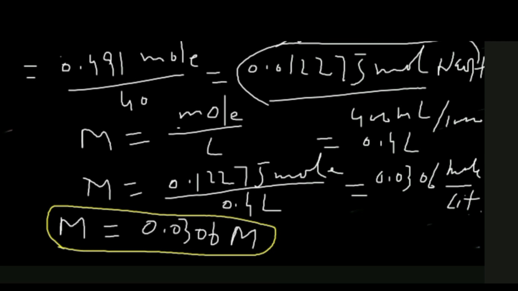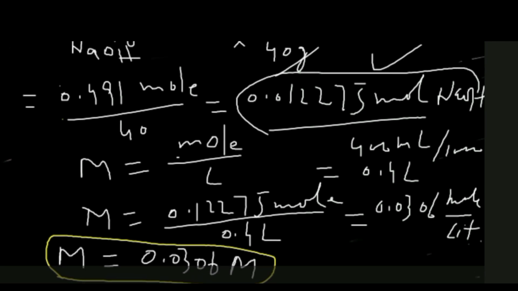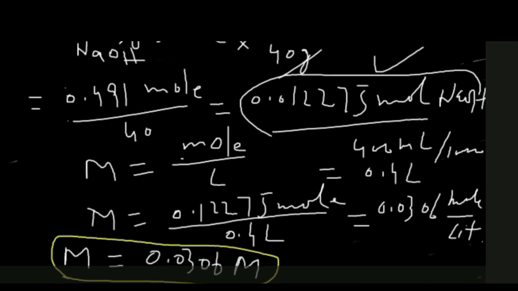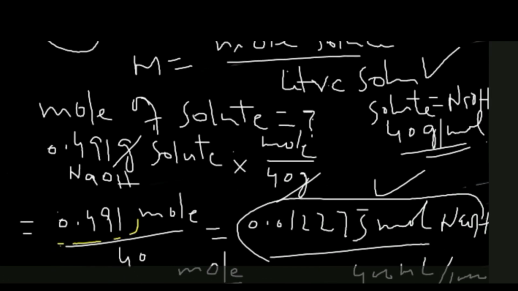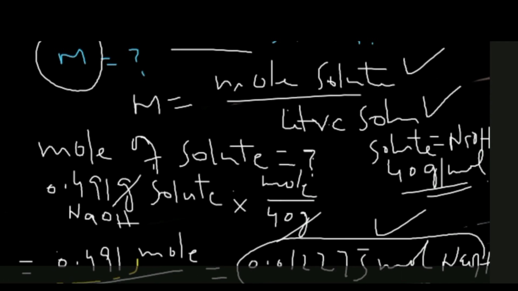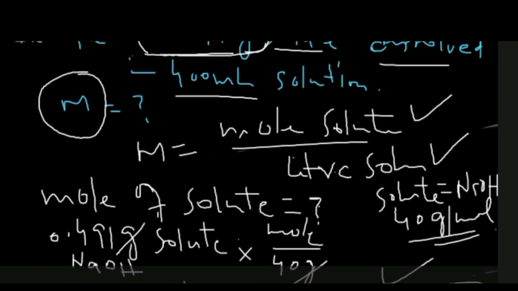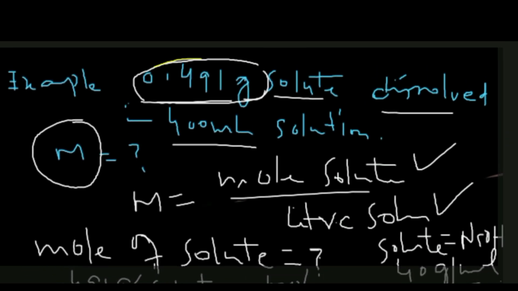Here we have dissolved 0.491 gram of solute, which is NaOH, sodium hydroxide, in 400 ml of water, or 0.4 liter.